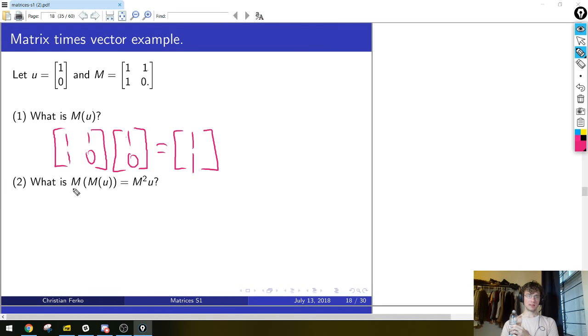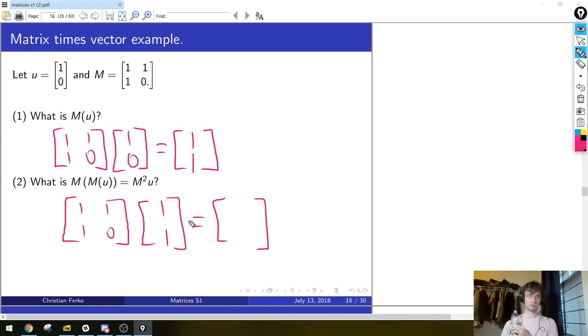Now we are asked to apply the function M to the output M of u. So that means take M, which is 1, 1, 1, 0, and apply that to M of u, which was computed above, which is 1, 1. And now you will do the same procedure and tell me what this is. 2, 1. Good.